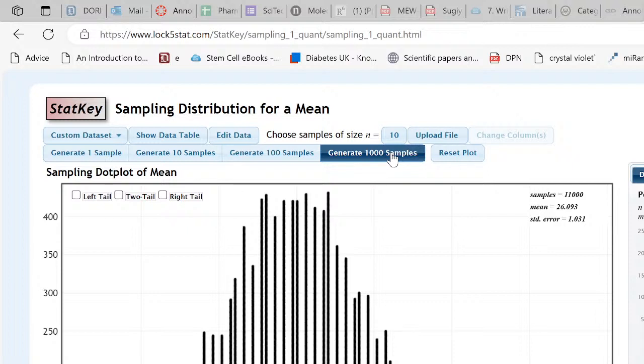Starting to go away with the last one too. I don't see that tail too much anymore. That's what large sample sizes do. They even things out. All right, 26.093.